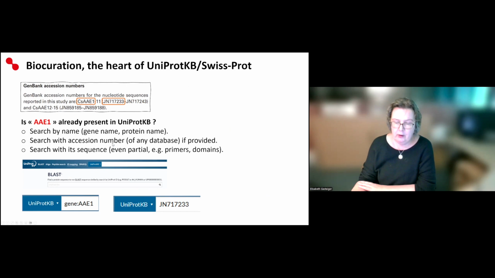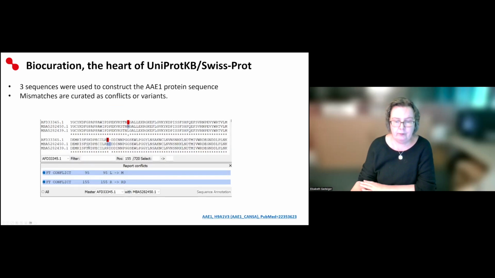Once a reliable protein sequence has been found, a similarity search is performed using BLAST to find all similar protein sequences in UniProtKB, with the goal to combine all redundant sequences for the same gene into a single entry. In this case, there were 3 candidate protein sequences which were aligned, and then the canonical sequence was constructed.